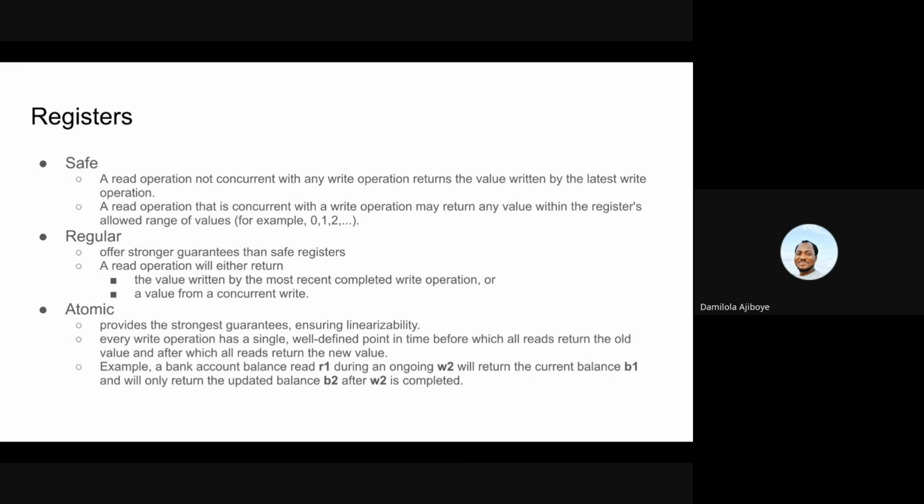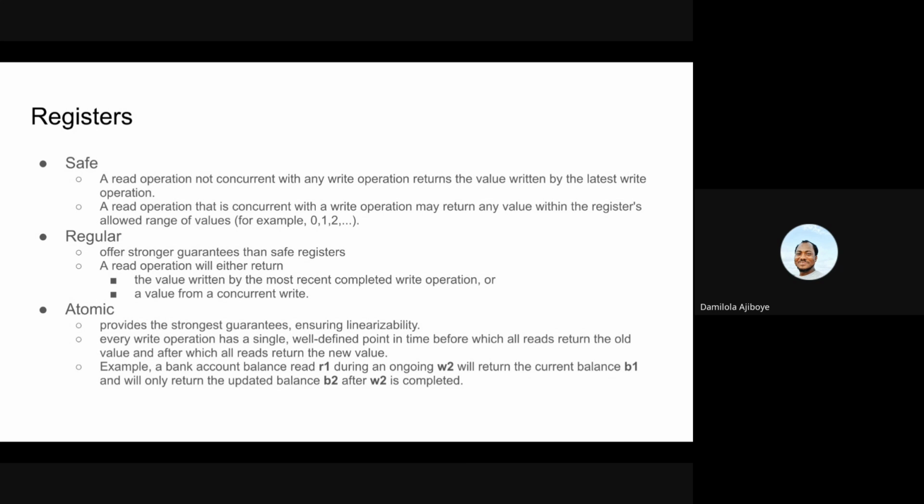In this scenario for safe registers, when you have overlapping reads and writes, the response can be either 0 or 1. You can't determine it. So you have this flickering effect where, if you have multiple reads and there's a concurrent write going on, you can get 0, 1, any of those values.